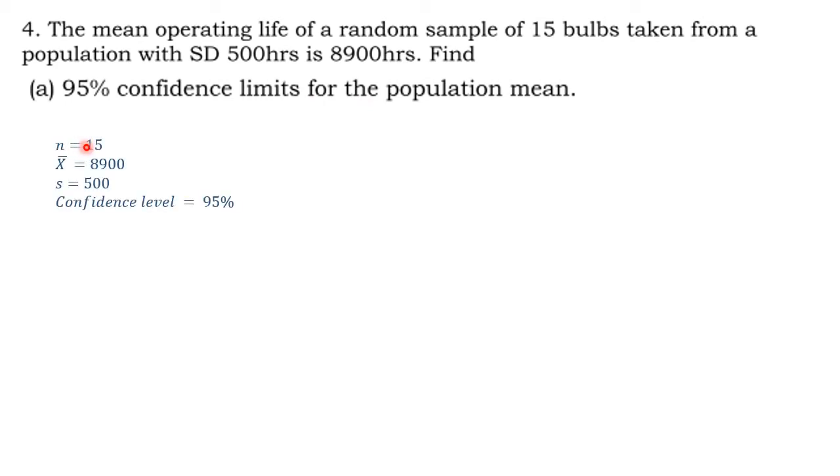So we have n is equal to 15, x bar is equal to 8900, and s is equal to 500 with confidence level of 95%. As n is less than 30, we will use t here. X bar plus minus t alpha over 2 n minus 1 into s over root n.